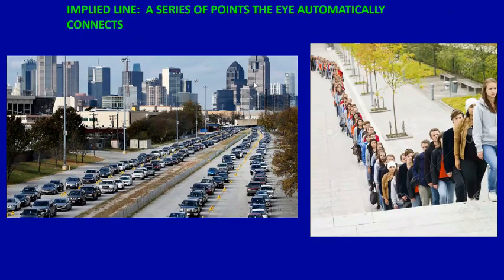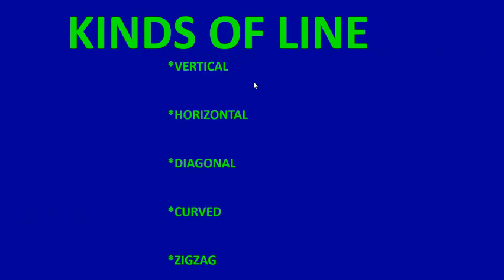If you think about a line of cars in a row or a line of people in a row, these are both examples of an implied line, a series of points the eye automatically connects. With the line of cars, each point is a car, and with the line of people, each point is a person.